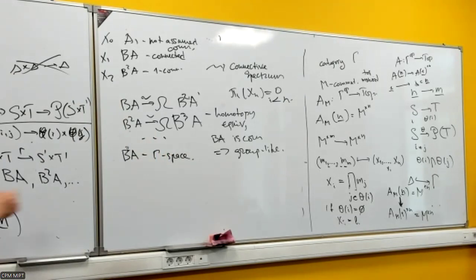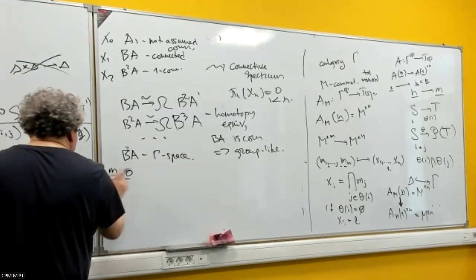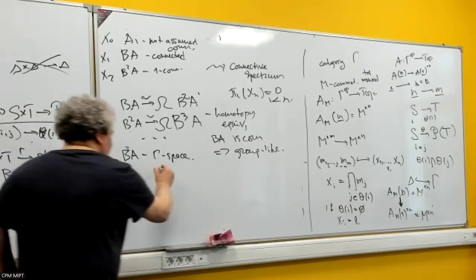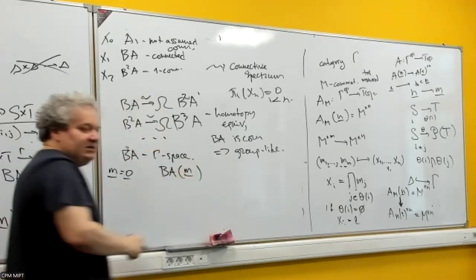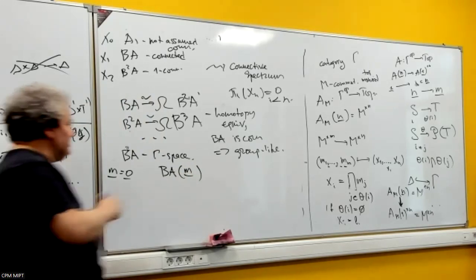When m is equal to 0, it's still a point, because if I take a product with the empty set, I get the empty set, and it's actually the zero component of this. So then I have the space of m, the gamma space, which is defined in this way, right? Okay. So for m equal to 0, it's still a point.